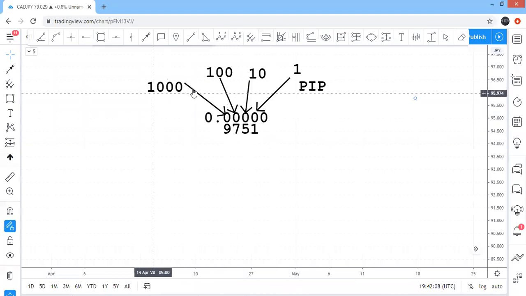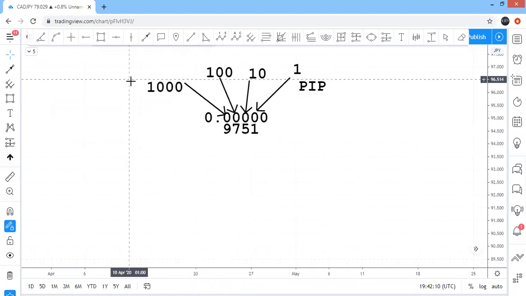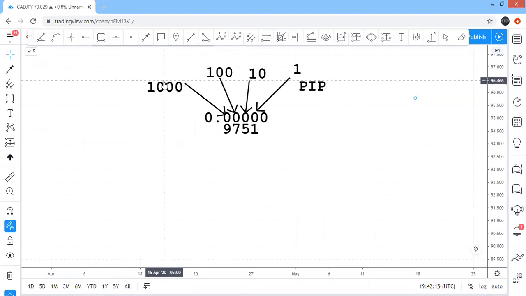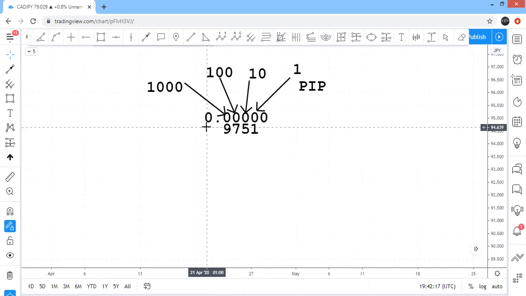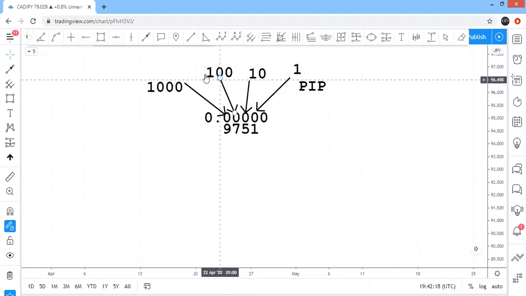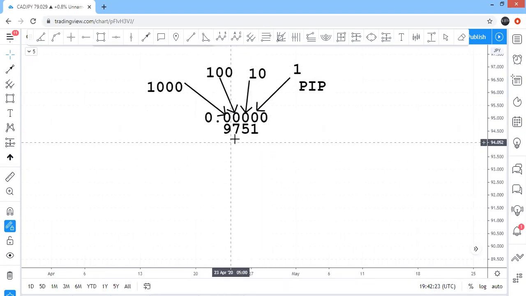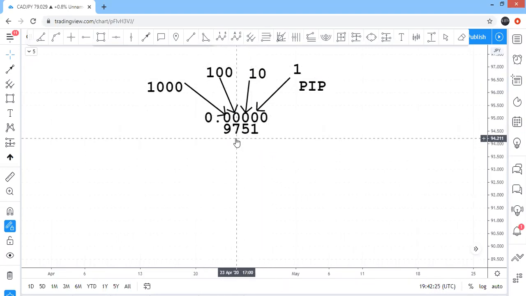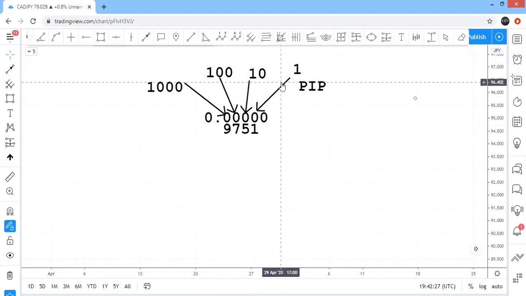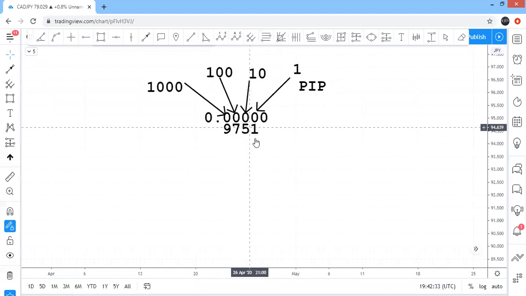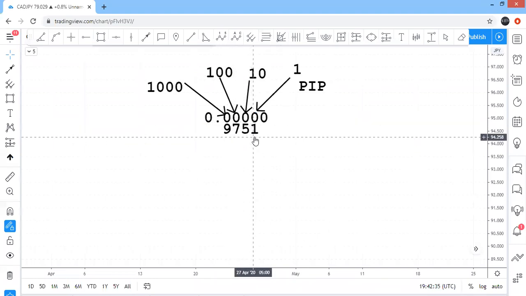Same thing over in the thousands area. (9 times 1,000 is 9,000) plus (7 times 100) plus (5 times 10) plus (1 times 1). So it will be 9,751 pips. That is how we're able to do pips.